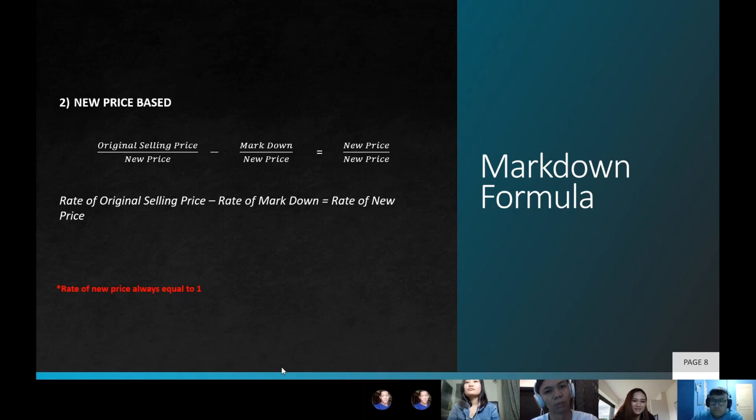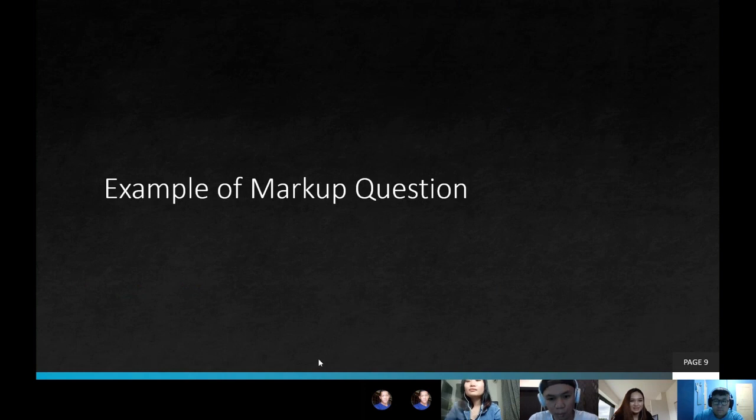So it is still the same: the rate of original selling price minus the rate of markdown equals the rate of new price, and the rate of new price is always equal to 1. In the next part, I will show you example questions and how to solve them and find the new price.